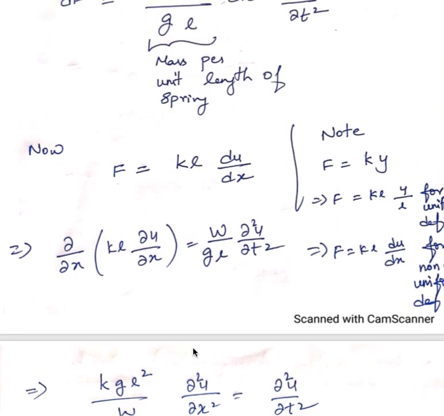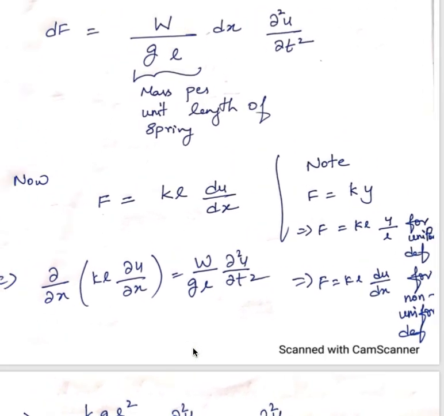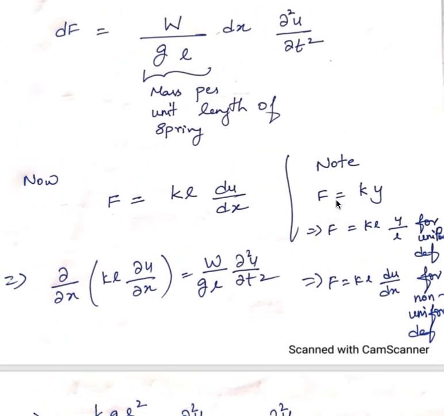Now, we know that the force that we apply on the spring is related to the deflection y through the relation F equals ky. Now this can be rewritten as F equals k into L into y by L. We can use the first expression when we are dealing with static conditions and the spring is deforming uniformly.